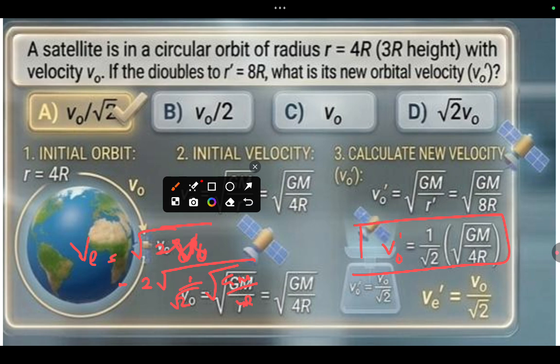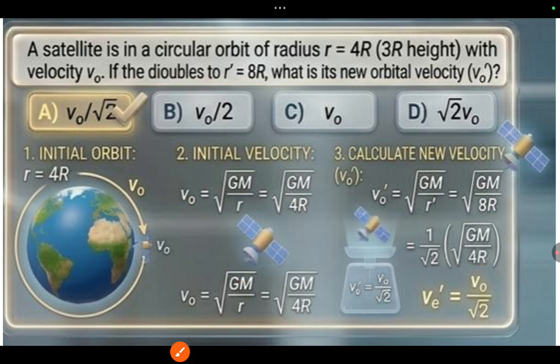Escape velocity should be root 2 times V naught, but here a wrong assumption is given to you. Okay, wait. I have to match with the answer.